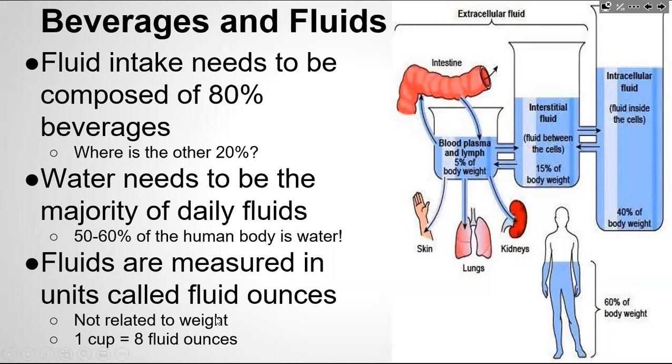Now, this is a little note here for you all, how we measure fluids in terms of fluid ounces. Fluid ounces are a measure of volume. They're not a measure of mass. So if I take this Diet Dr Pepper, it's 20 fluid ounces. Well, what happens if I filled this up with mercury?